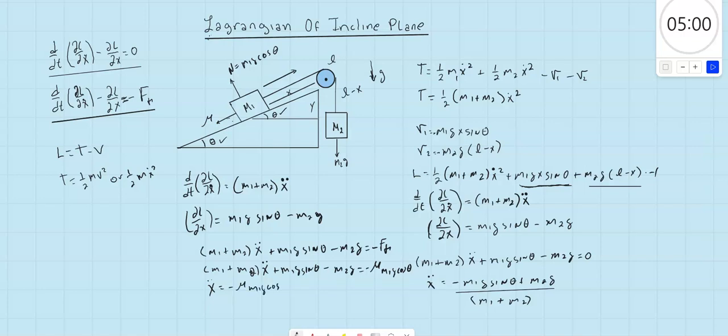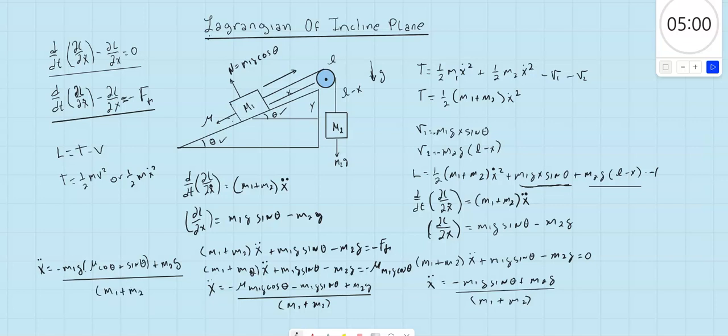And now we could find our acceleration: x double dot will be equal to minus mu m1 g cosine theta minus m1 g sine theta plus m2 g, everything over mass 1 plus mass 2. And we can simplify this even more by saying that x double dot is equal to minus m1 g times (mu cosine theta plus sine theta) plus m2 g, all over mass 1 plus mass 2.